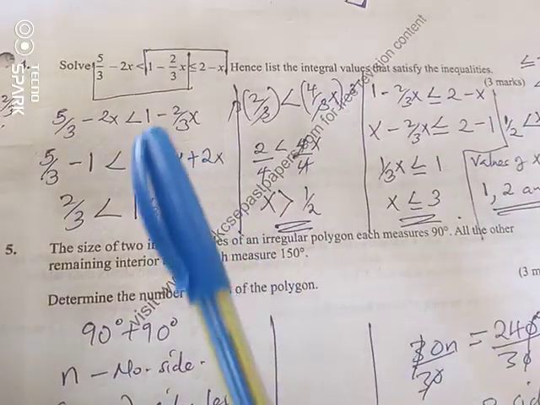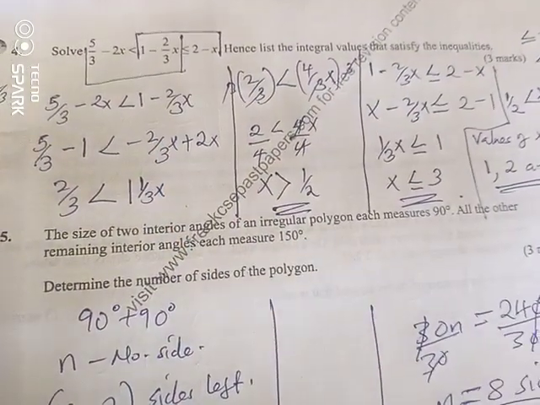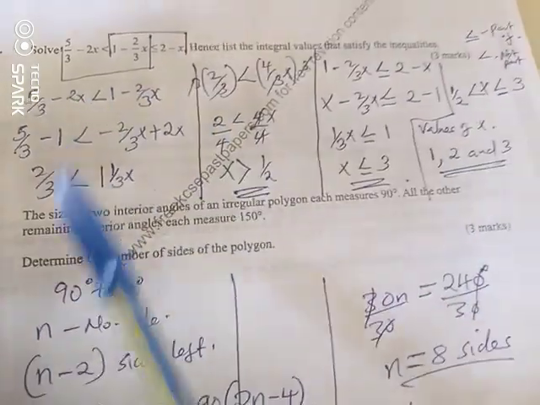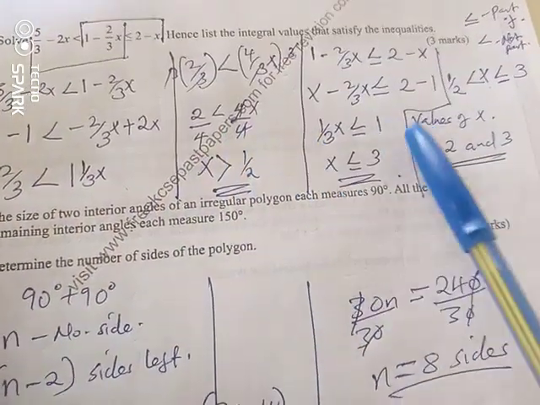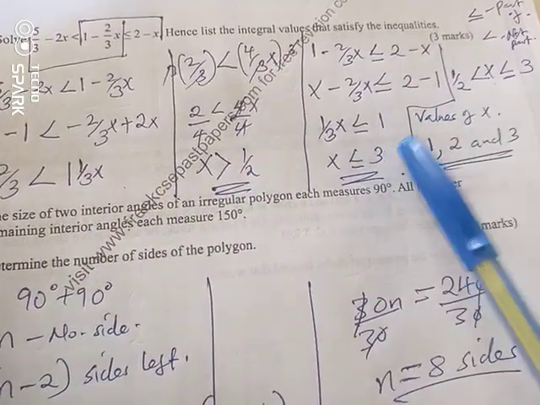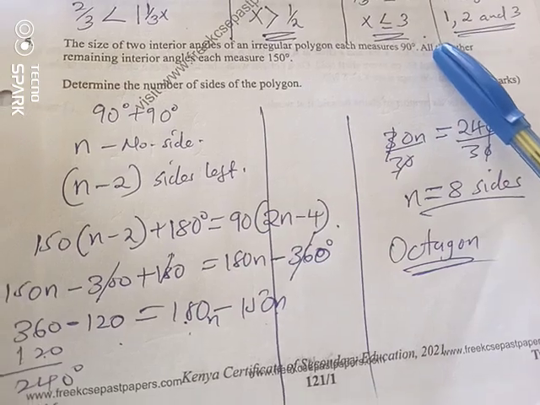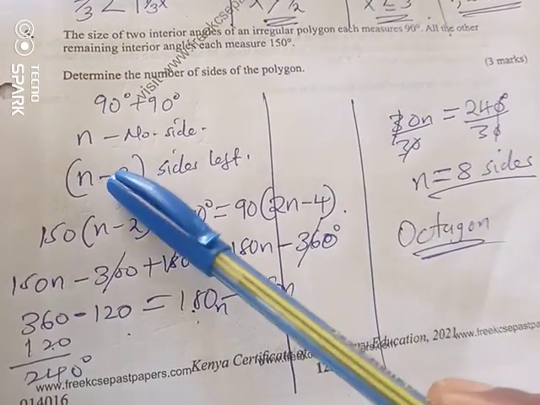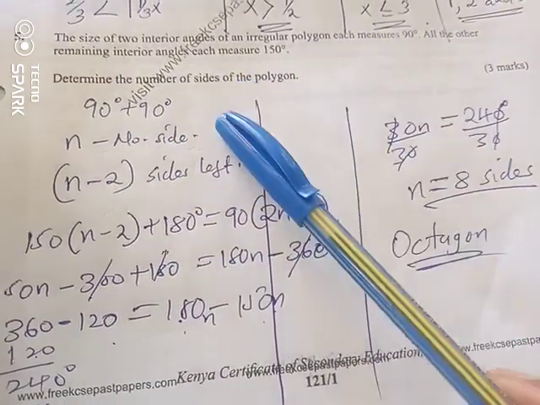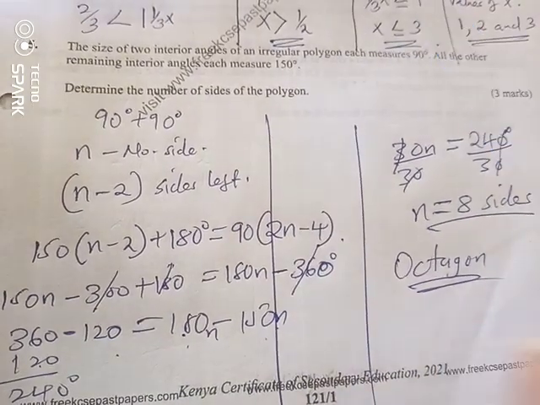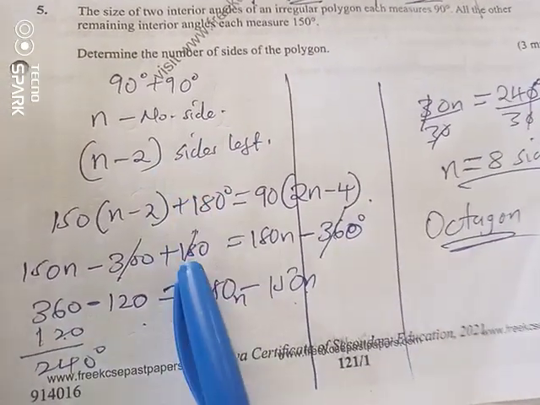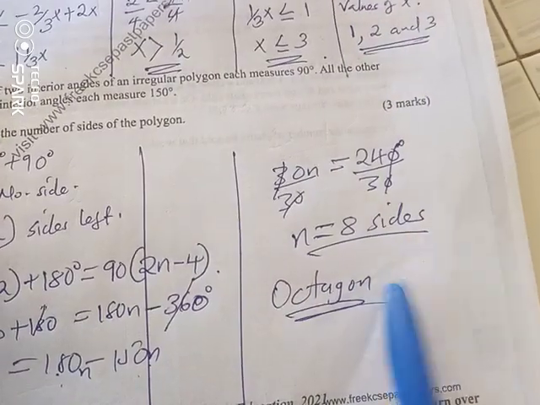Coming here, extract the two equations that were joined together. Solve them individually, get the two values of x, join them up, interpret the signs, know which values satisfy x. Then polygon, use the right formula, interpret keenly, get to know the objective of the examiner here, hit the nail on the head, form your equations, and there you are.